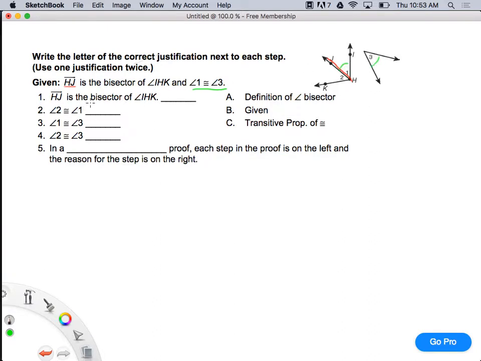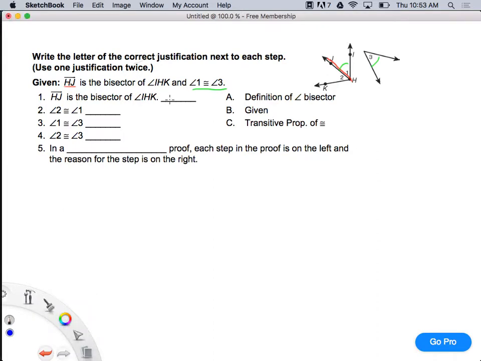The first thing is HJ is the bisector of IHK. We have these reasons over here on the right, A, B, and C. So it's given. Simple as that.